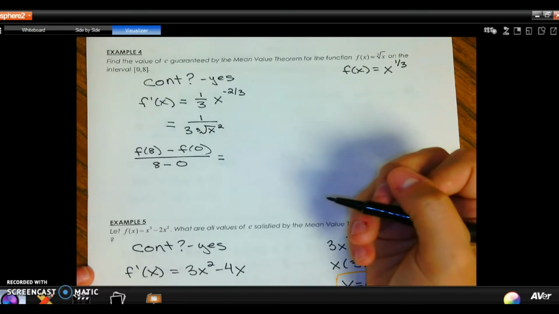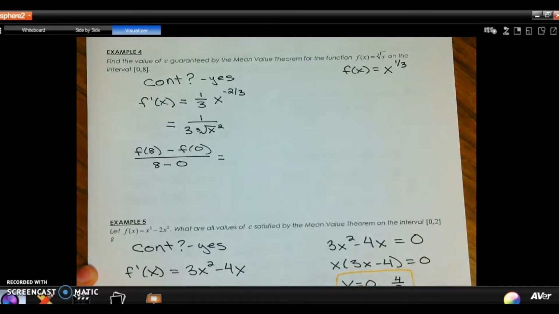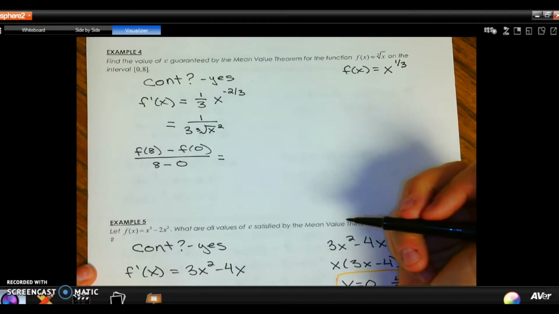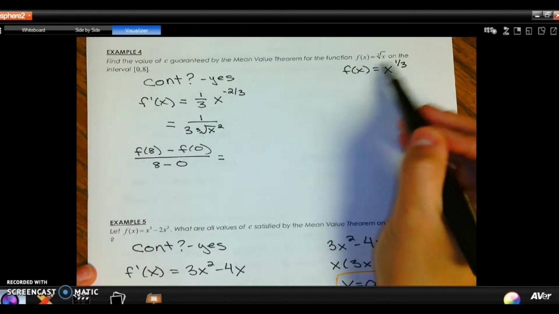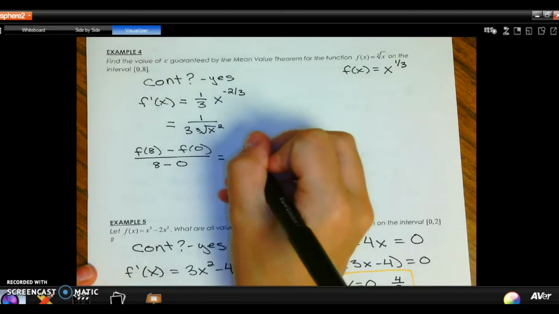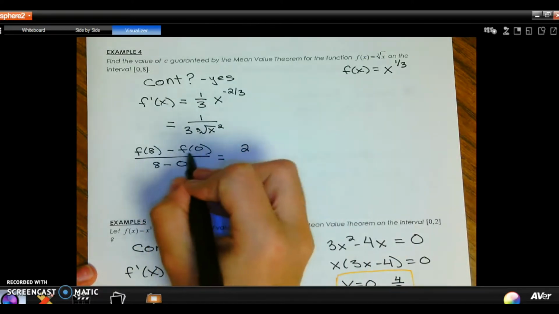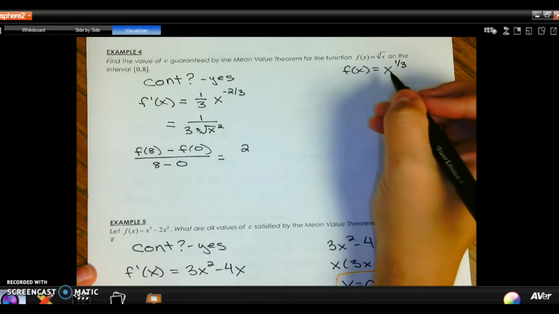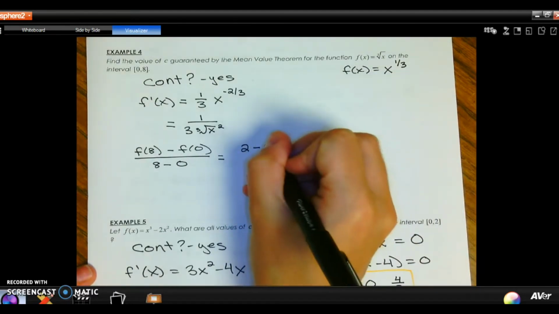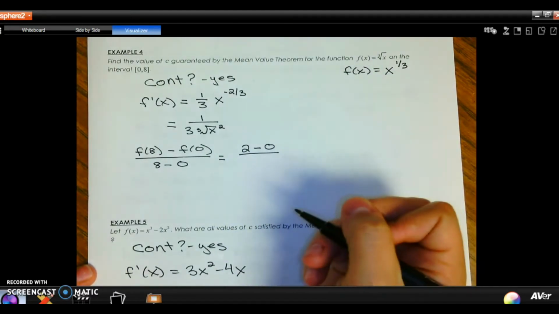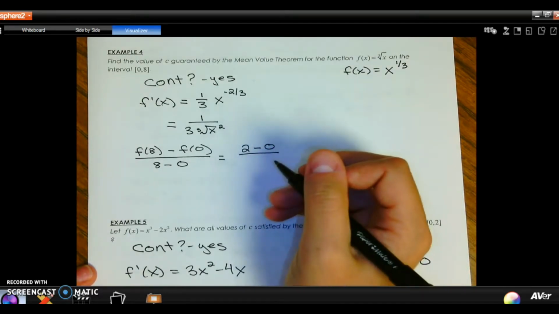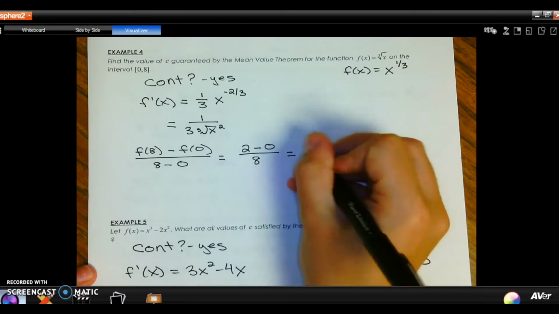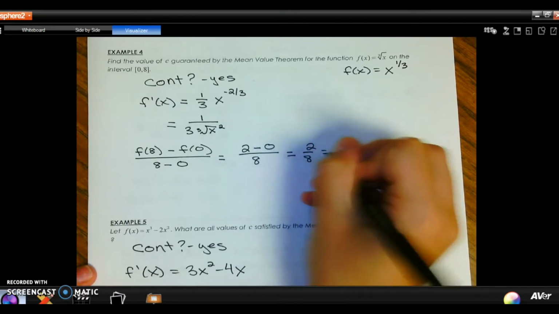To get these, I'm just going to plug in. When I plug in 8, the cube root of 8 is 2, so I get a 2 there, minus, what do I get when I plug in 0? The cube root of 0 is 0, so it's minus 0, all over 8 minus 0 is 8, so then I get 2 over 8, which is 1/4.